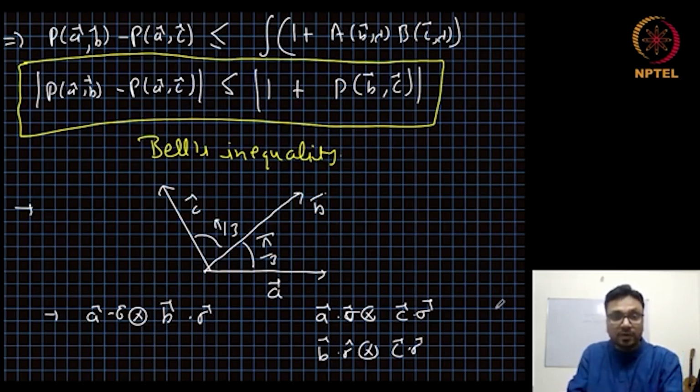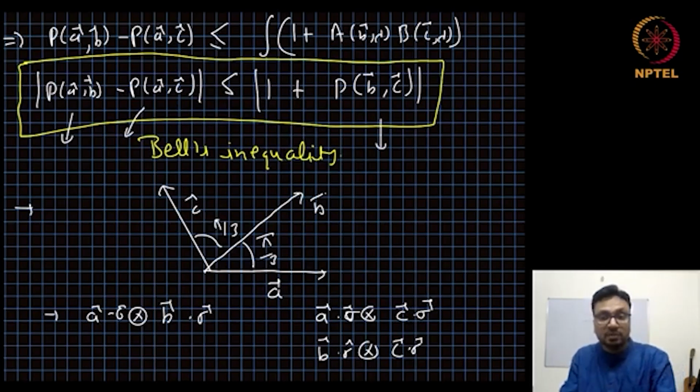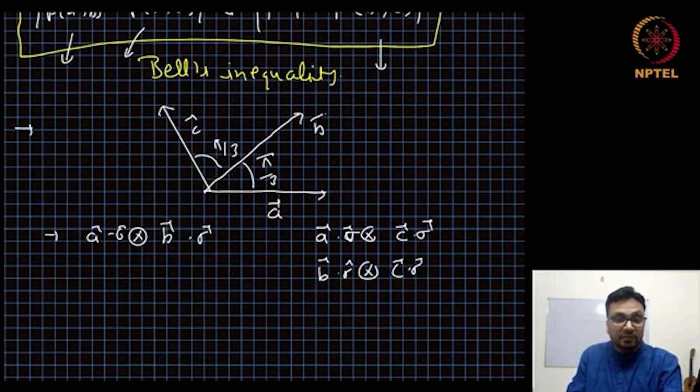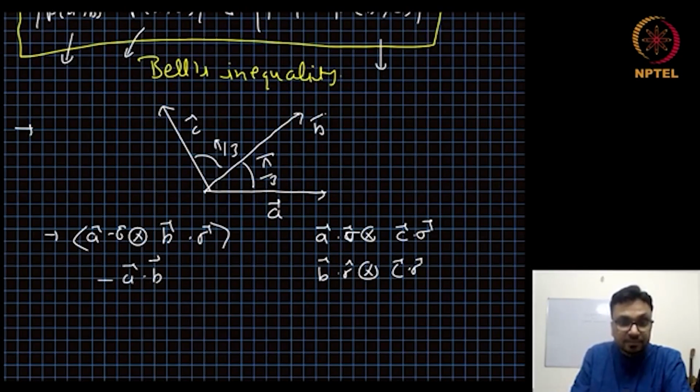These are the three observables we have, one corresponding to PAB, another to PAC, and the third to PBC. And since we have the singlet state, we know the expectation value of A dot sigma tensor B dot sigma is minus A dot B, this one is minus A dot C, and this one is minus B dot C.